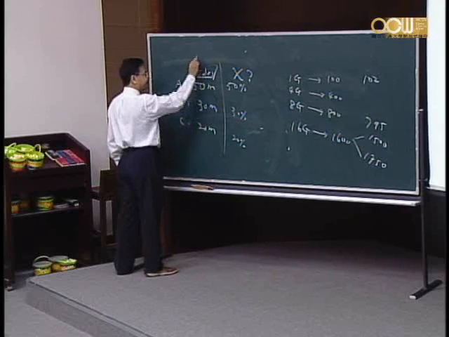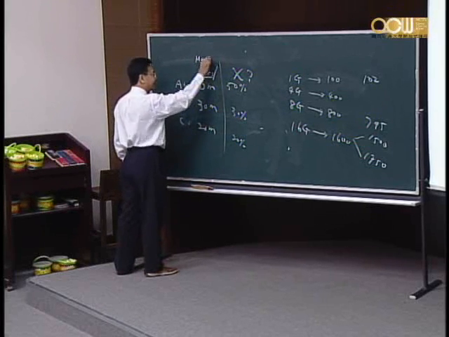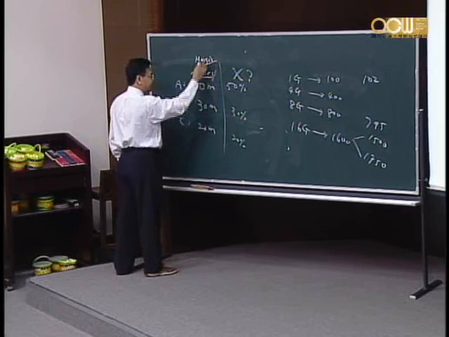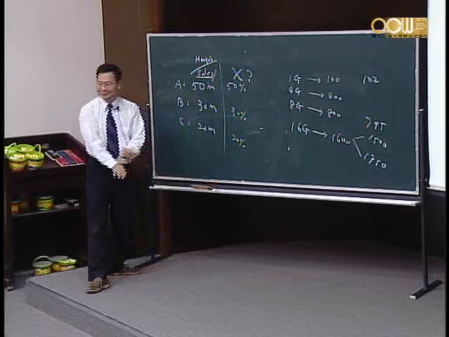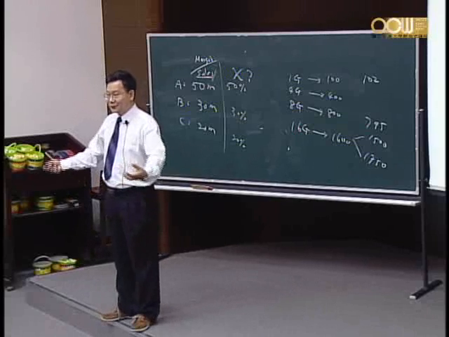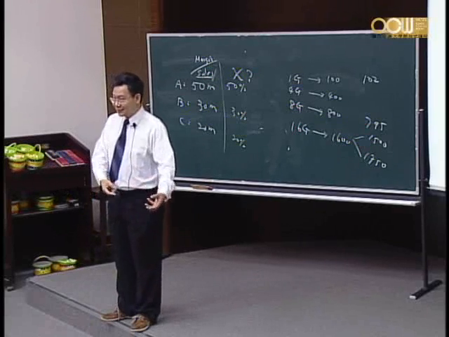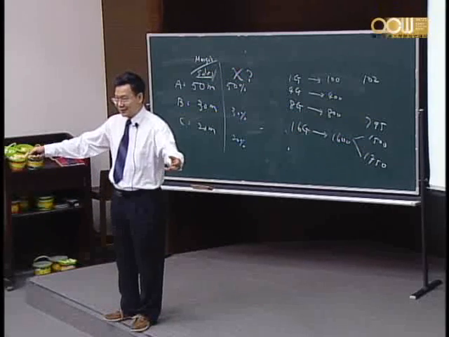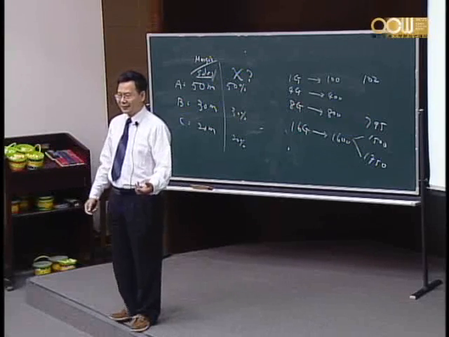But these two are both wrong. One is based on the margin, one is based on the sales value, so I allocate my resources there. But it can be wrong. Why?